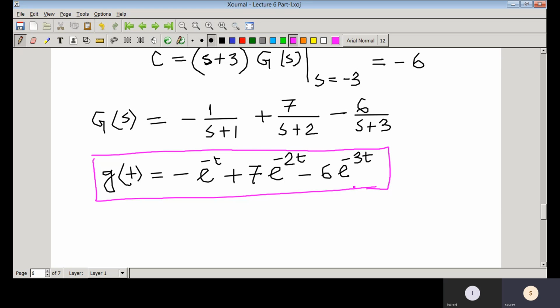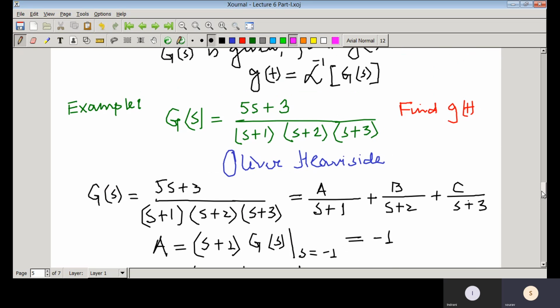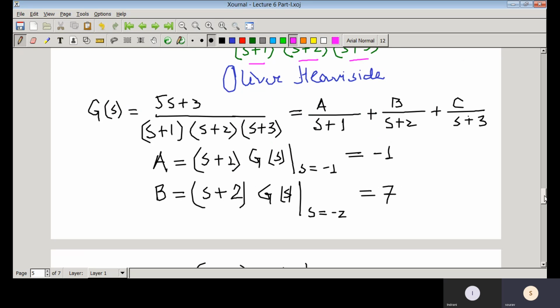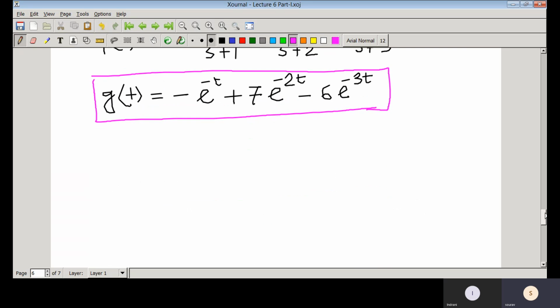So here one important concept you can take from this example: this particular transfer function is given and it has 3 poles, at minus 1, minus 2 and minus 3. In the last class you have seen what the pole-zero map would be.